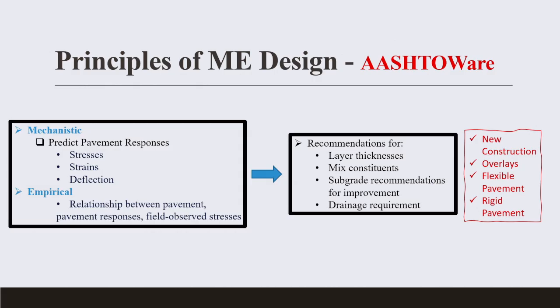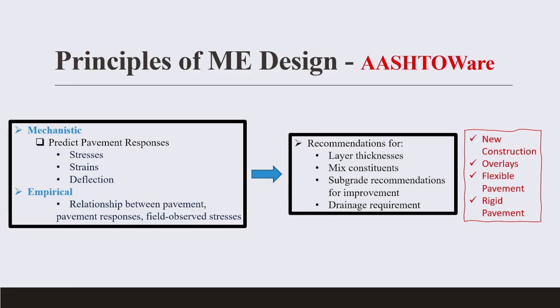So now, unlike our previous design methods, the recommendations are not just only layer thickness. I'm emphasizing again. They are not only layer thickness, okay? You go beyond layer thickness to now mix constituents. I hope you get me. Then subgrade recommendation, okay?